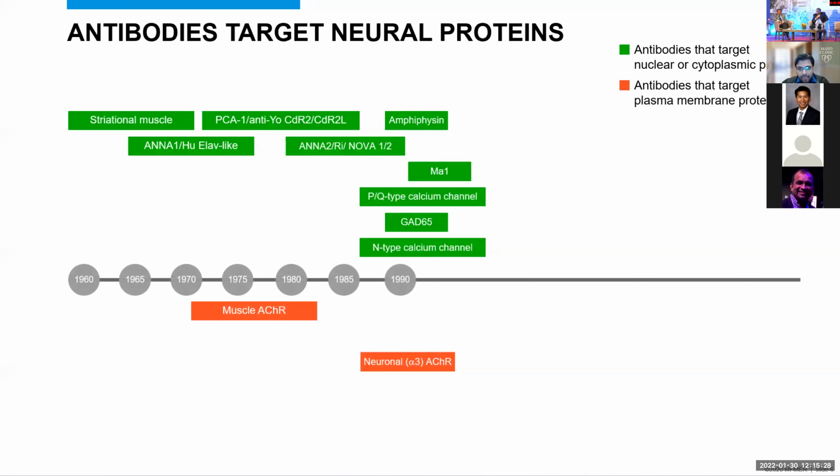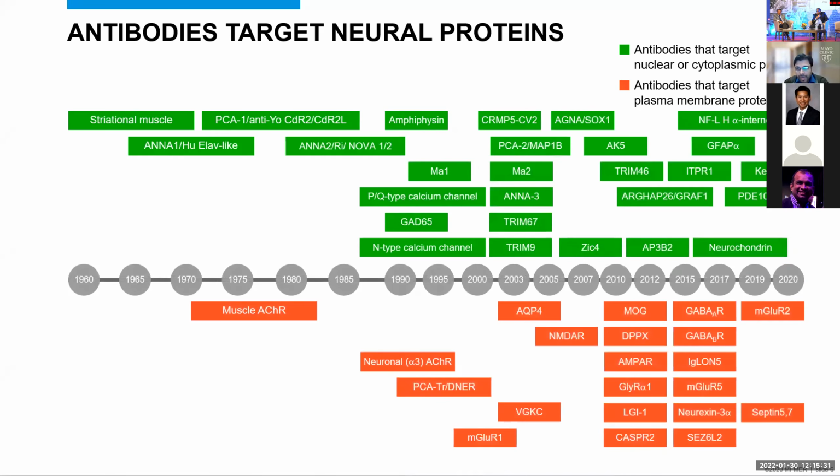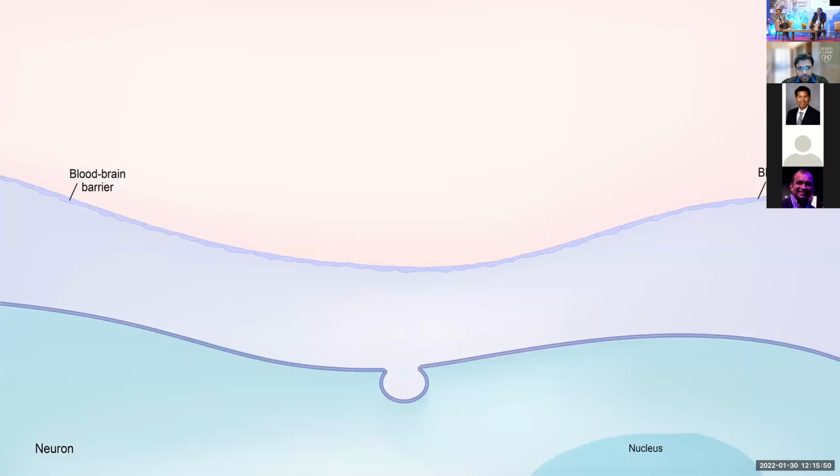And since the mid-90s, the number of autoantigens to which these antibodies are targeted has exponentially increased. And this has, to some extent, contributed to increased recognition, increased understanding, and more optimal management of these conditions.